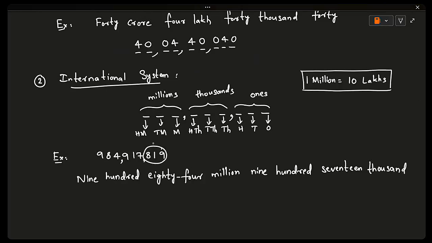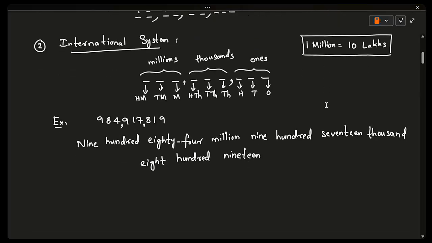What is this number? 819. No need to add the period name ones, just writing 819 is enough. This way we can convert number to words in the international system.